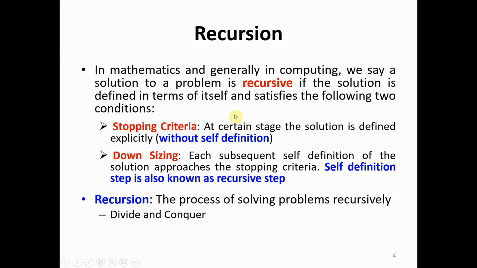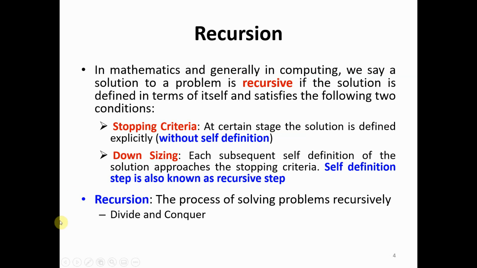So in the mathematical and computation sense, recursion is a solution to a problem where the solution itself is defined in terms of the problem and satisfies the following two conditions.